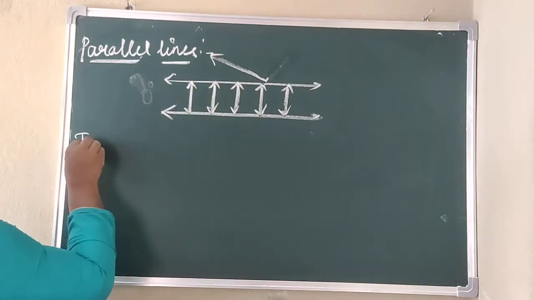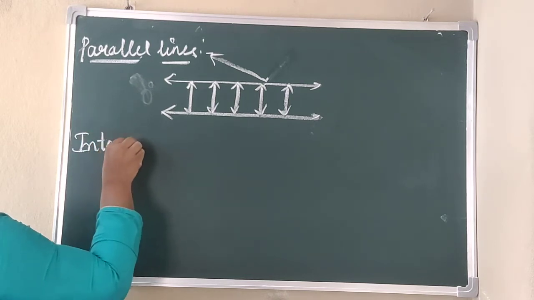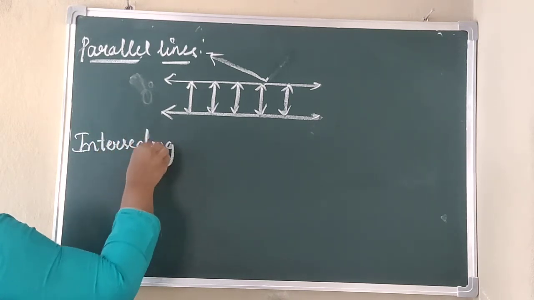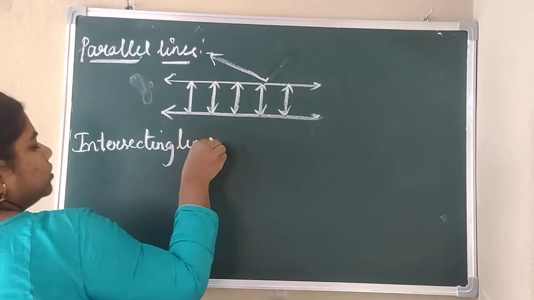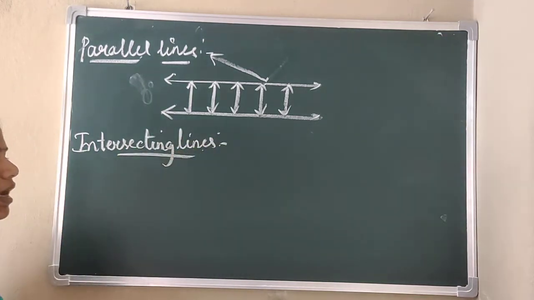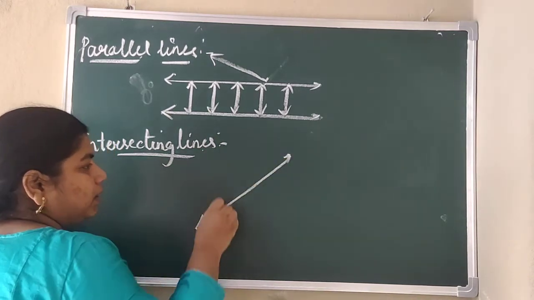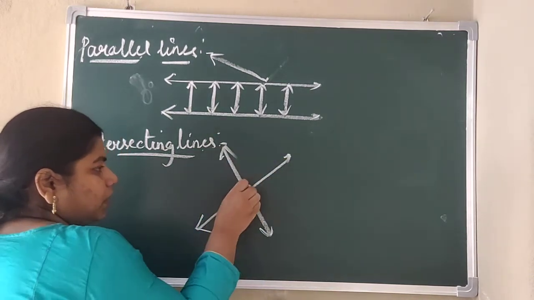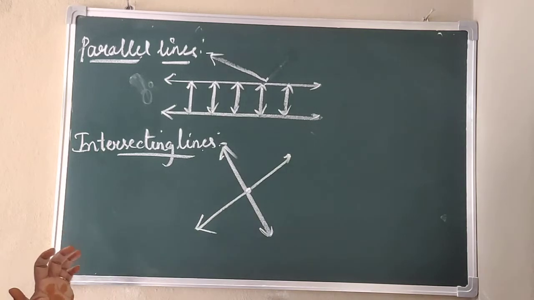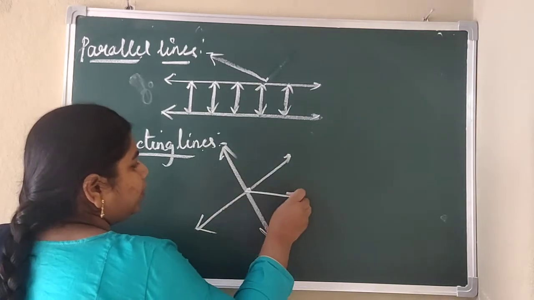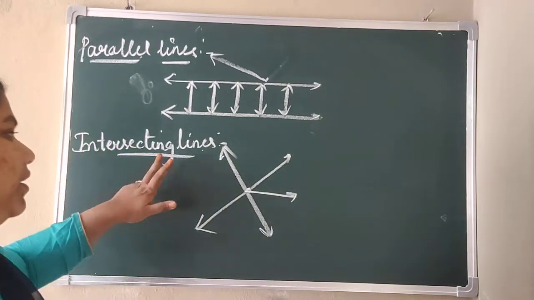Next is intersecting lines. What do you mean by intersecting lines? Any two or more lines having a common point, the same initial point, we call intersecting lines.